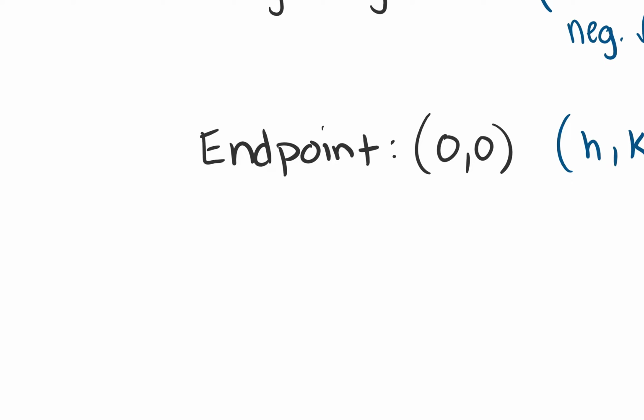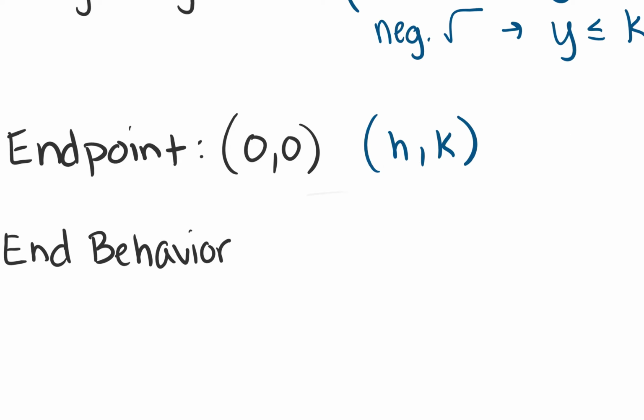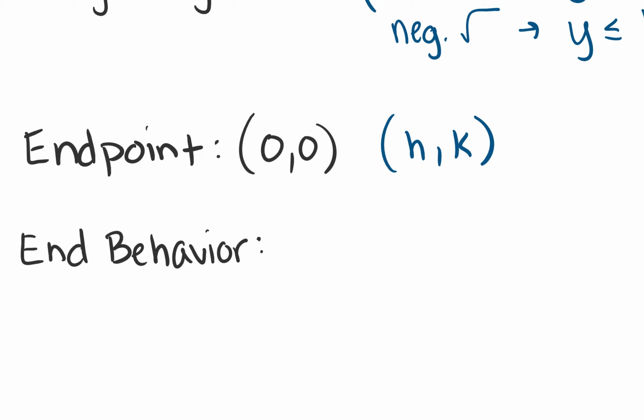And then, second to last thing on here, we have end behavior. We've kind of talked about end behavior before. It's been a while. So for end behavior, we have one end, right? And this will make sense when we do it.